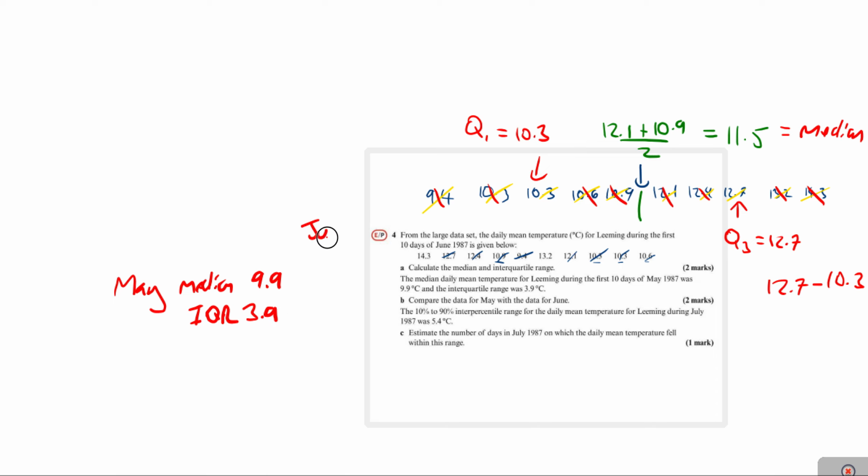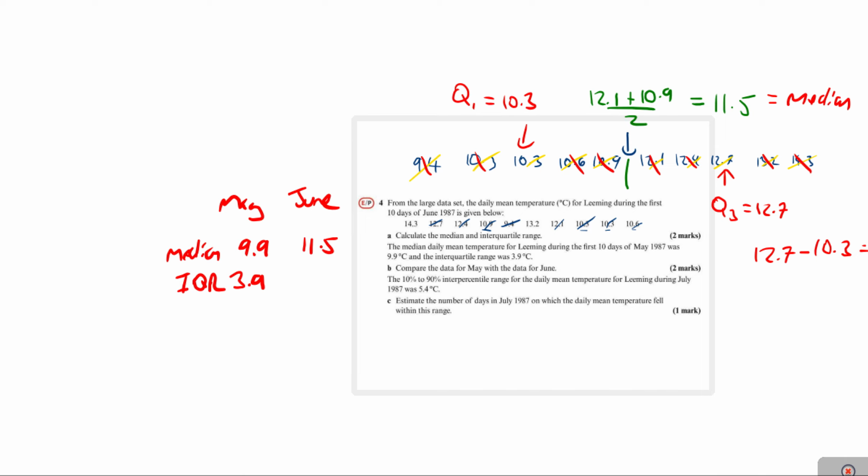And for June, the median is 11.5, which we just found, and the interquartile range is 2.4. For this one, you just need to make a comment.